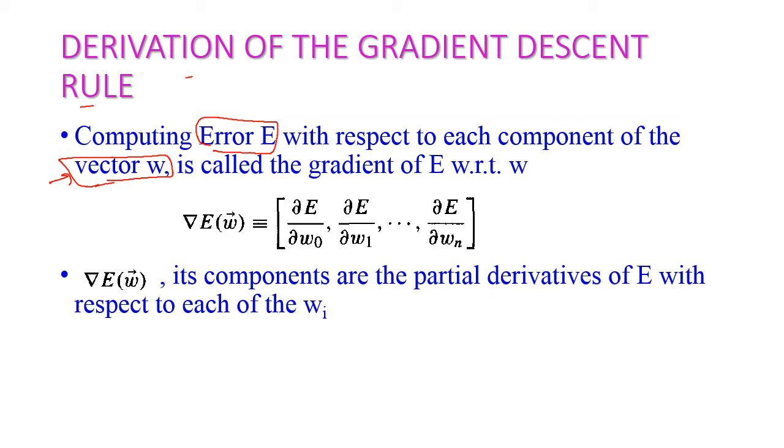For all the weights we compute the error E, which is called the gradient of E with respect to W. The symbol is ∇E(W), which is equal to dE/dW0, dE/dW1, etc., up to dE/dWn. Here ∇E(W), the gradient of E with respect to W, has components that are partial derivatives of E with respect to each Wi.